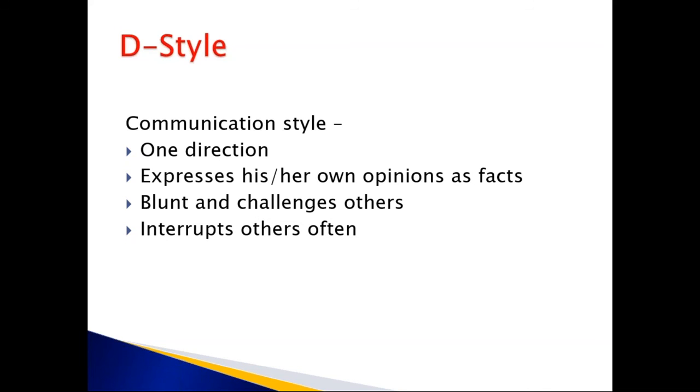They usually interrupt others because they want them to get on with it. And that's one of the things I want you to be aware of when you're having a sales interaction. If someone is a D style, if you take too much time, you're going to frustrate them.